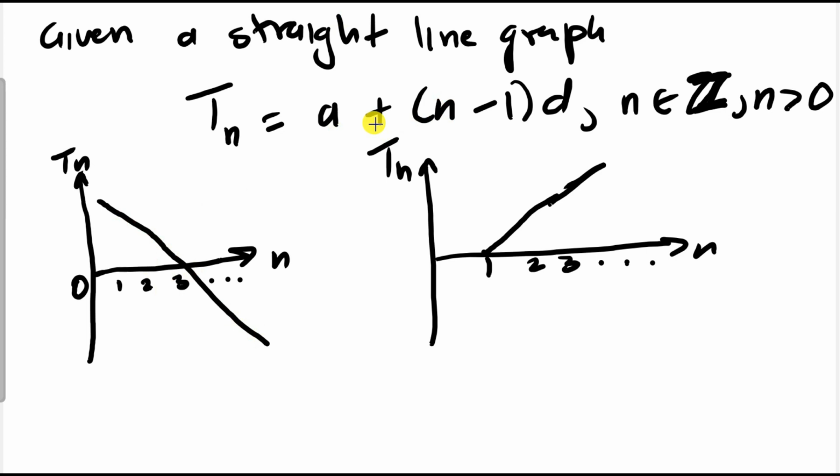You're not gonna say y equals whatever, you're going to say Tn equals whatever, and from your knowledge of the straight line, you know what the y-intercept is. So guys, you apply this and you will never go wrong.